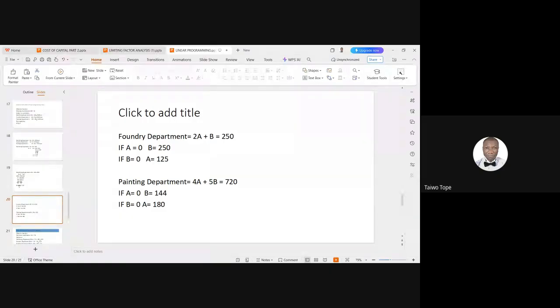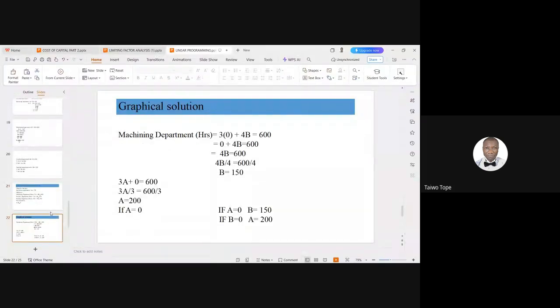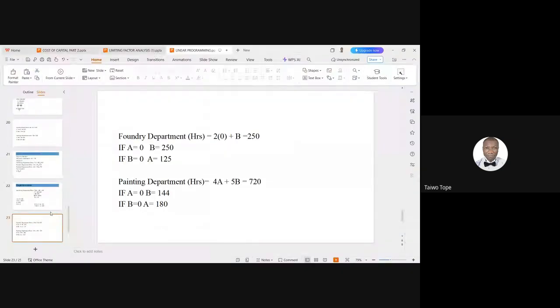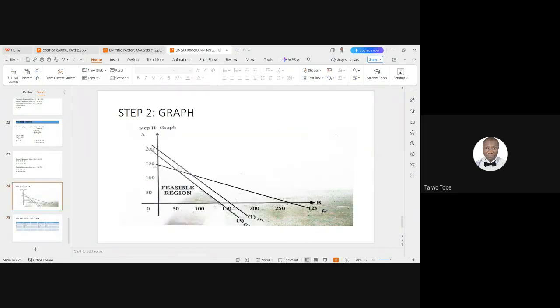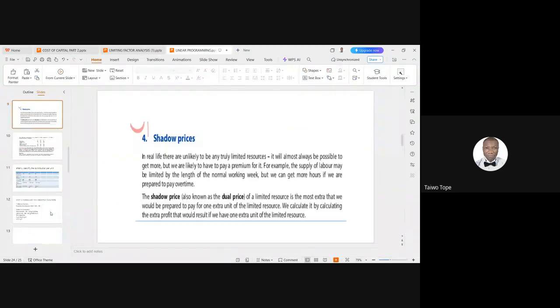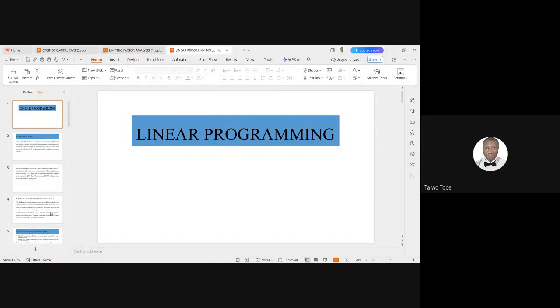So the graph should not be something complex. I don't have a written pen, but I think I have the sketch of how the graph should look like. I'll use that to explain.